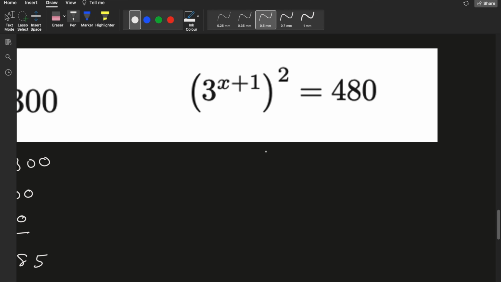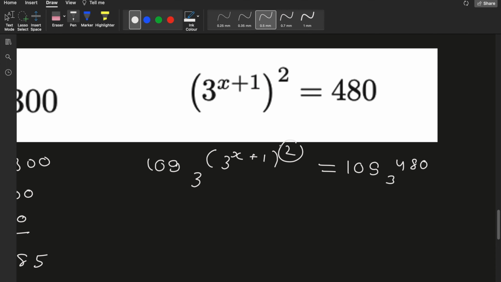Now let's look at this. We can write this as log 3x plus 3 to the power of x plus 1 whole squared base 3 equals log 480 base 3. We can write this as 2 log 3 to the power of x plus 1 base 3, giving this.